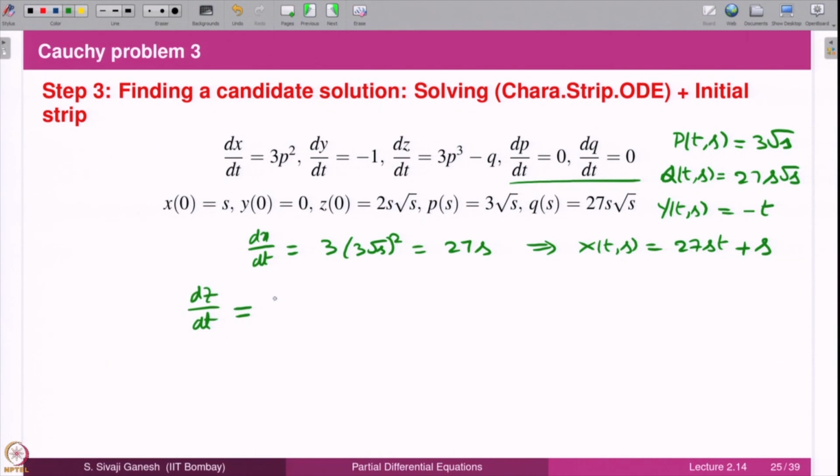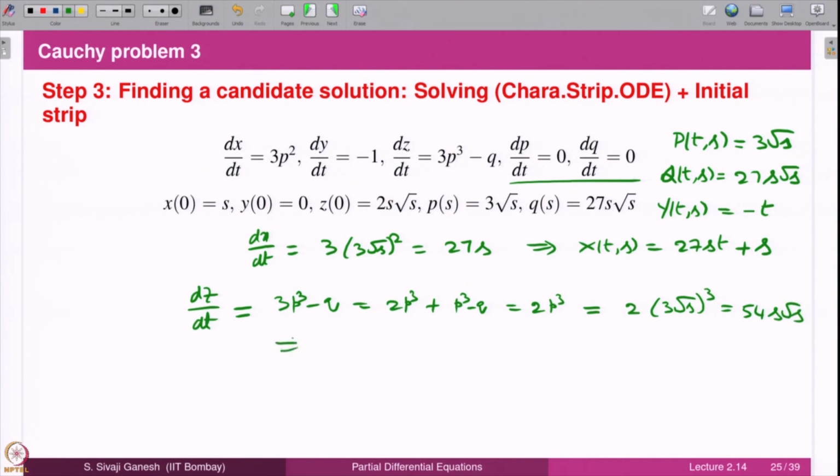that is 3 p cube minus q, actually that is 2 p cube, because p cube minus q we have chosen it to be 0. So, that is actually 2 p cube, which is nothing but 2 into 3 root s cube, 27, 54 s root s.